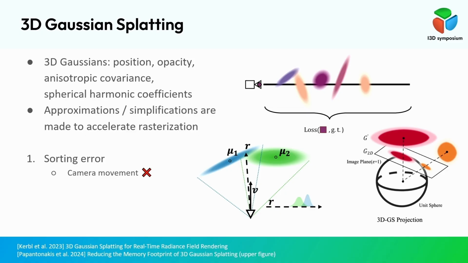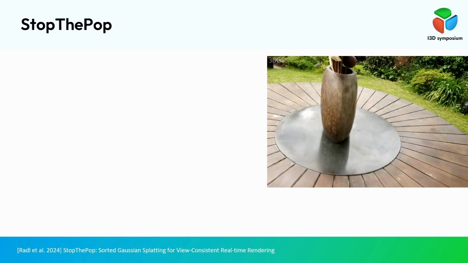But when the Gaussian is further away from the camera center, the projection error is larger. In VR, we have a large field of view. So this projection error is also particularly obvious in VR. Let's talk about these two problems respectively.